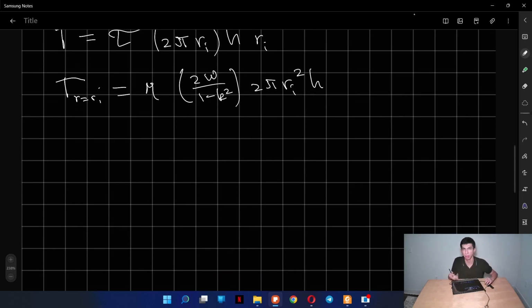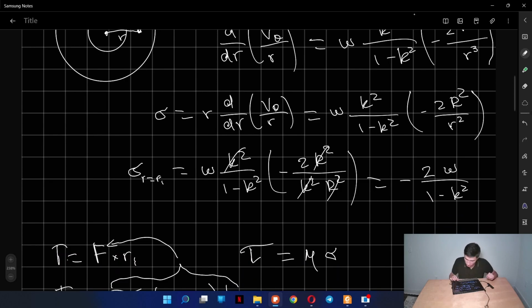Now in order to find the torque at the outer radius, we first have to determine the shear rate at the outer radius. Here we have already determined the general equation for the shear rate. If we replace r with the outer radius big R, the two r squared terms are going to cancel.